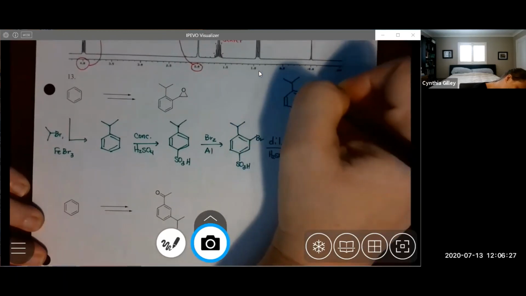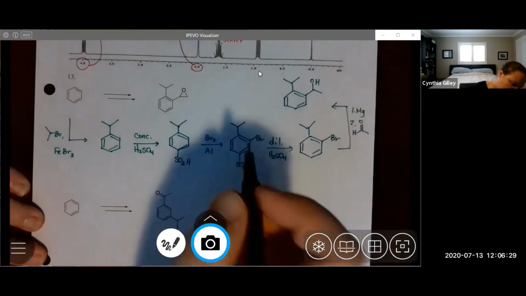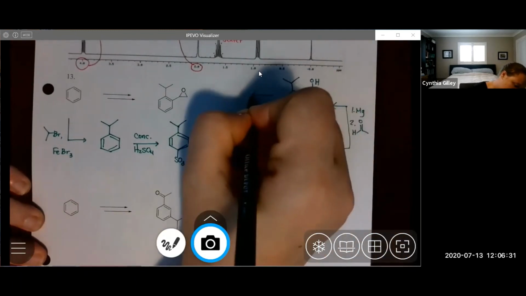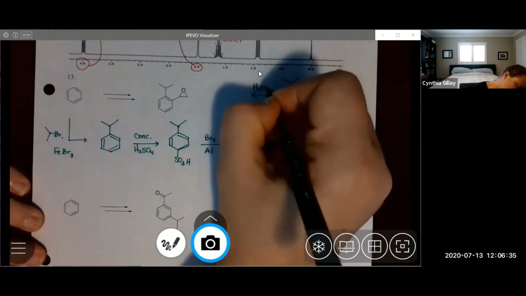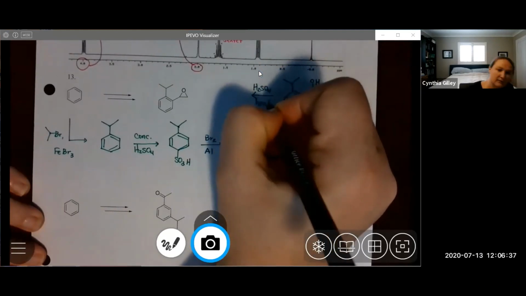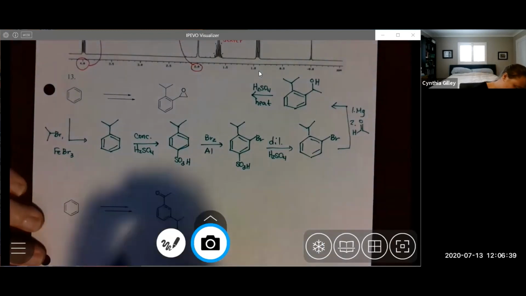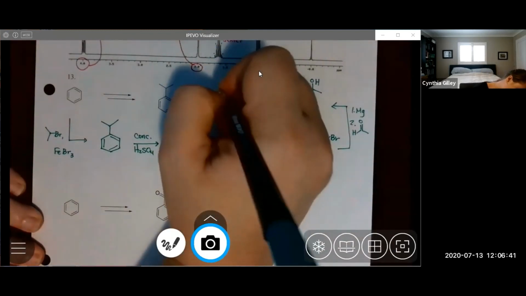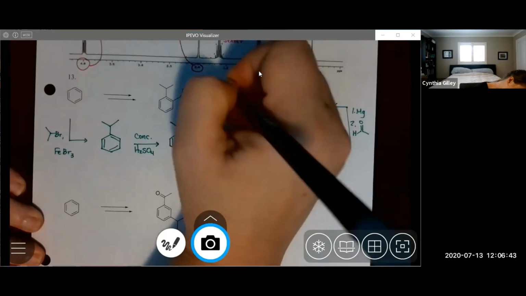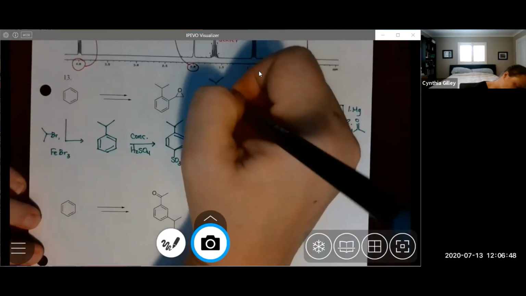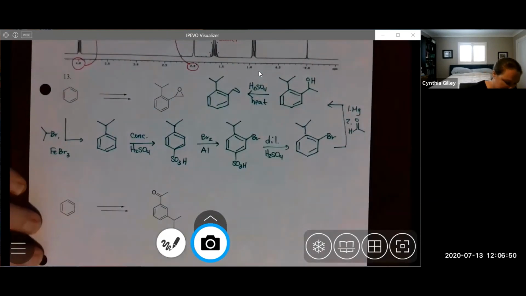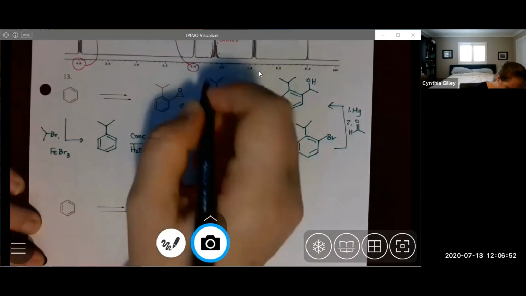That will produce alcohol, which we can use H2SO4 to do an E1 reaction. And then mCPBA.